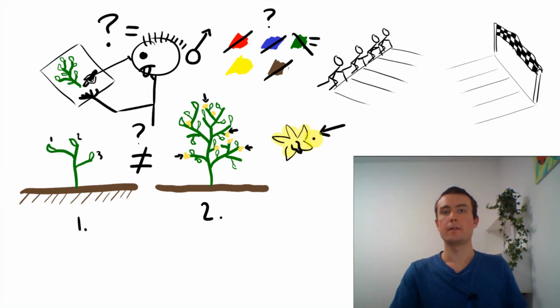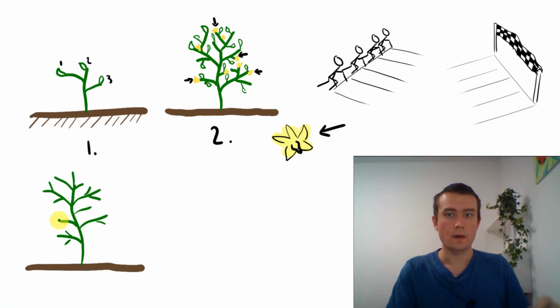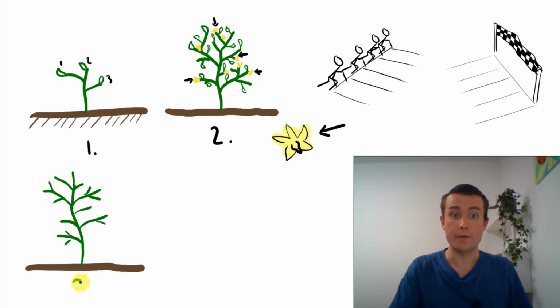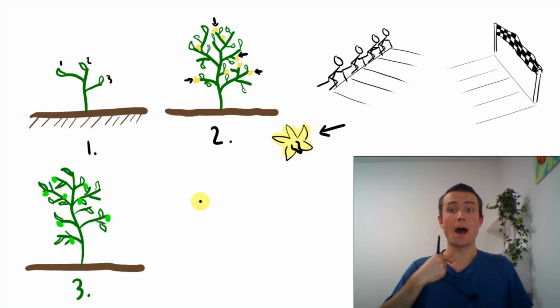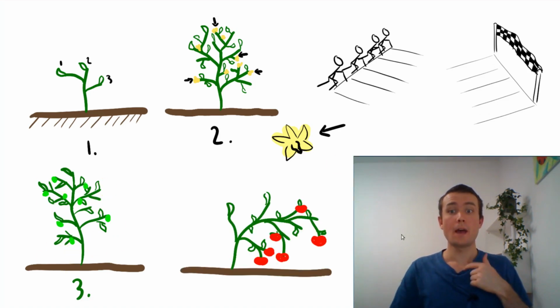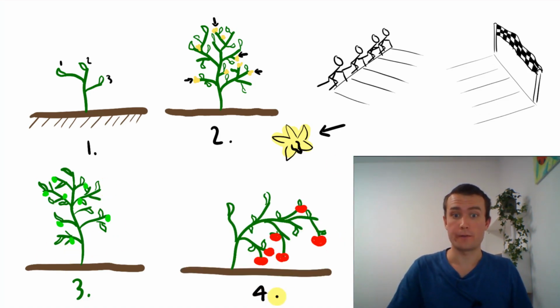Yellow flowers. I've started to draw a third plant. I've started. I've finished drawing the third plant. I've drawn a fourth plant.